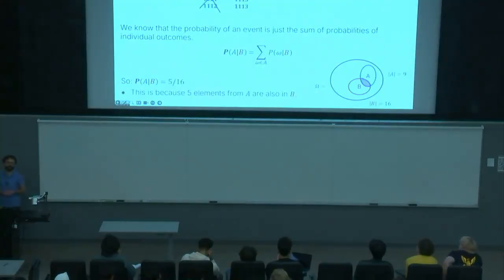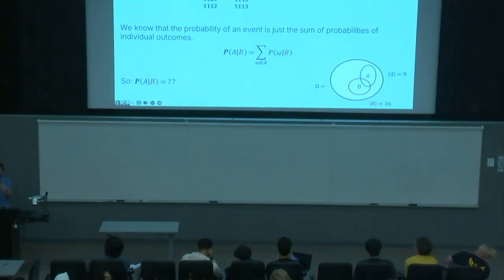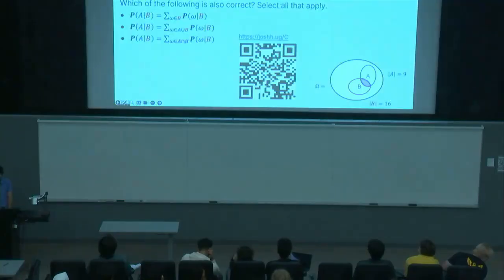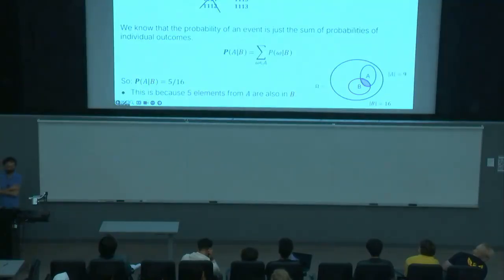Only 5 of those elements from A are also in B. So in other words, we're adding up these 5 events here. These are all 0, and these are all 1/16. Subtle, but important to understand this. Okay, any questions about why this is 5/16?